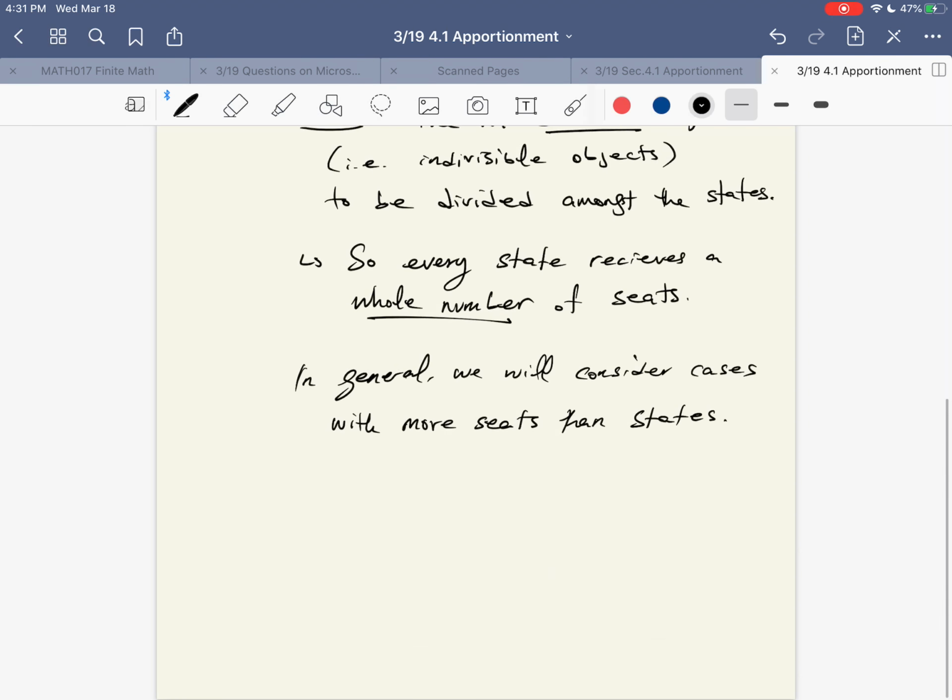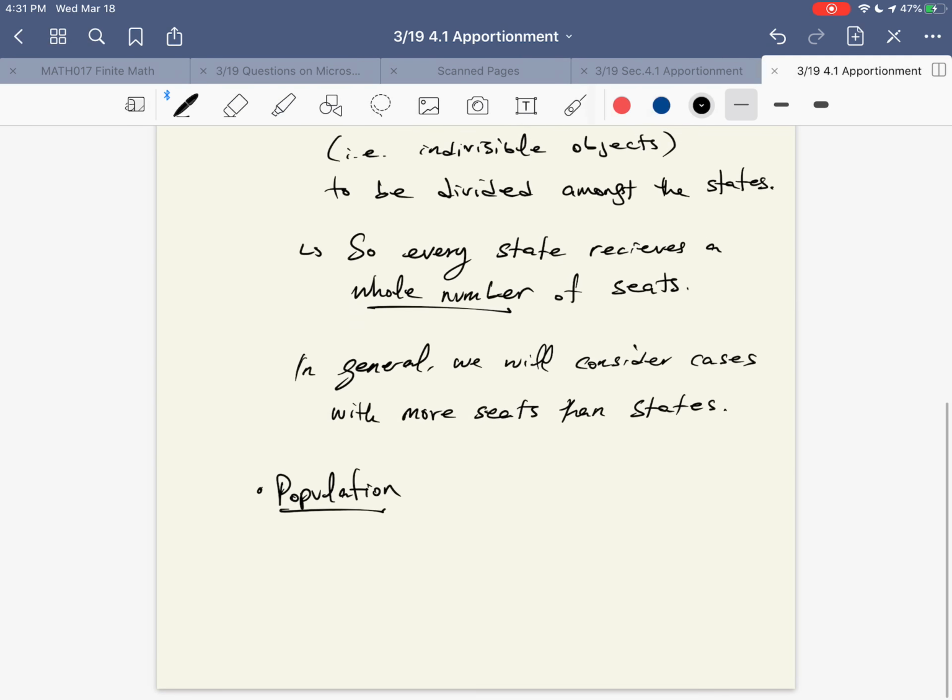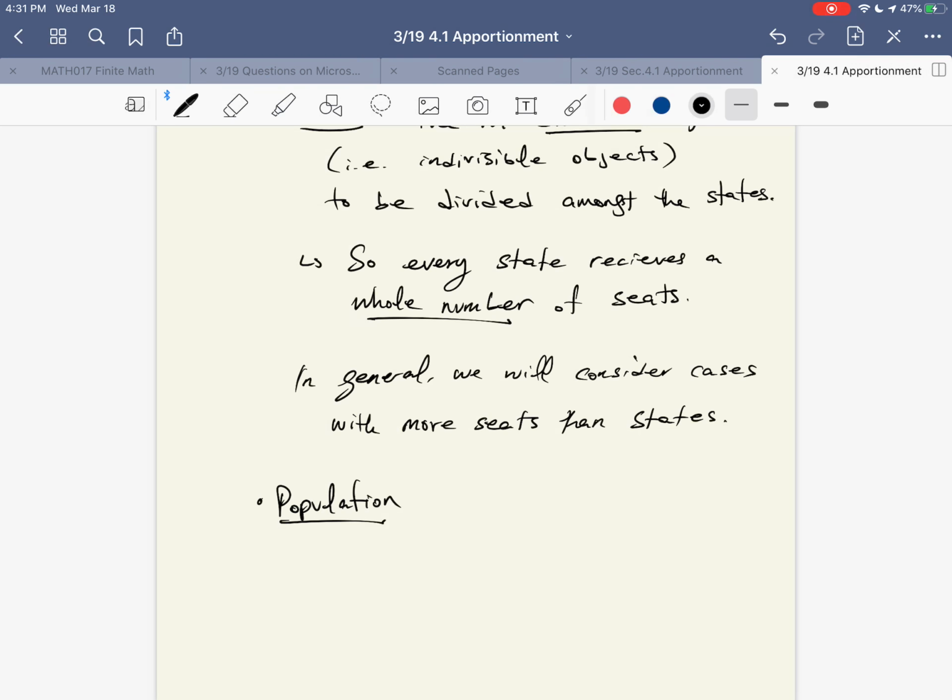The third pretty intuitive vocabulary word we'll be using is population. These are, in essence, the weights corresponding to each state, but we'll word it a little differently than that. To each state corresponds a positive whole number.